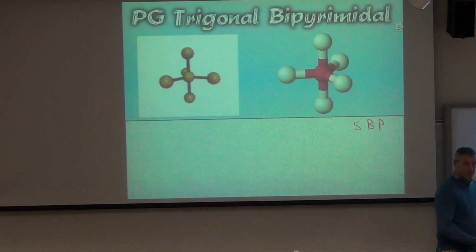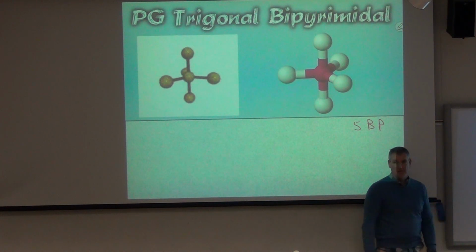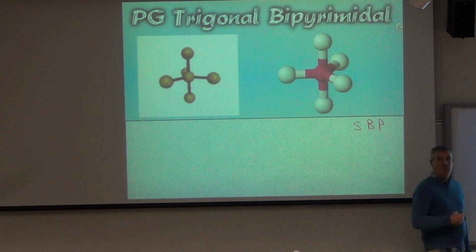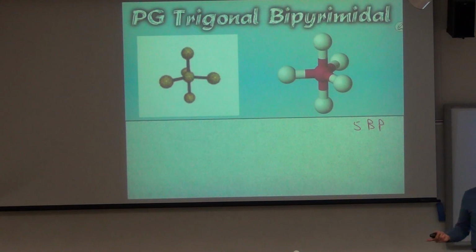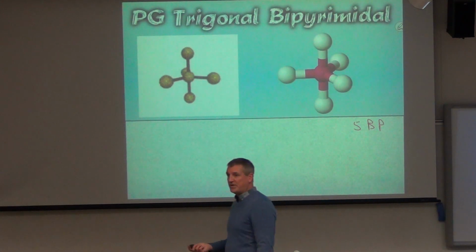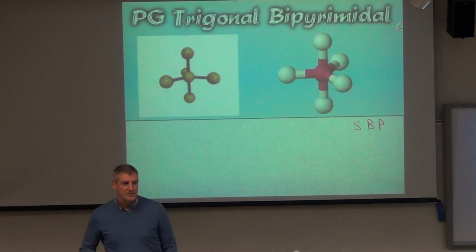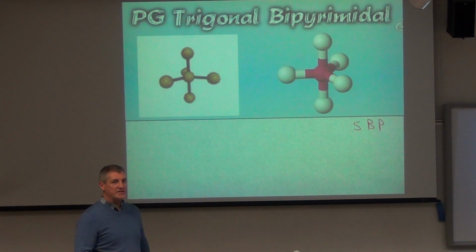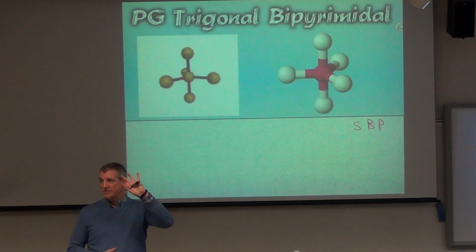So we've got 5 bonding pairs. We went from sp to sp2 to sp3. So the hybrid for this one must be sp4. That's a good guess, but we only have 3 p orbitals.